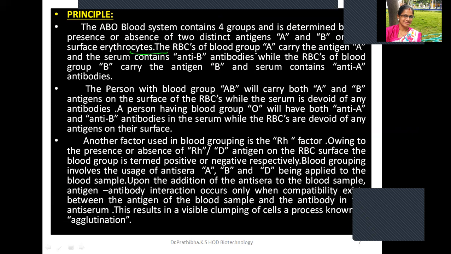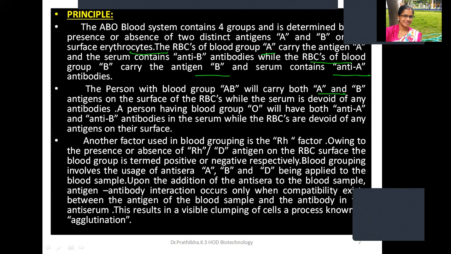The RBCs of blood group A carry the antigen A, and serum contains anti-B antibodies, while the RBCs of blood group B carry the antigen B, and serum contains anti-A antibodies. The person with blood group AB will carry both A and B antigens on the surface of RBCs, while the serum is devoid of any antibodies.